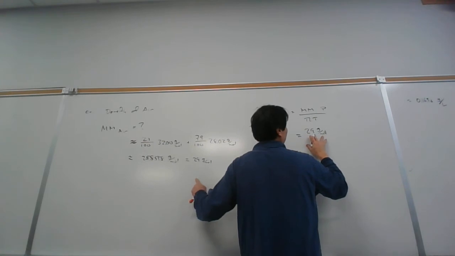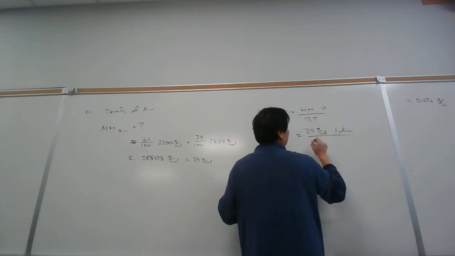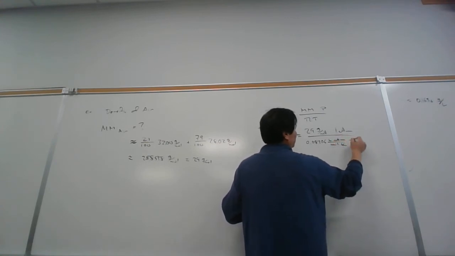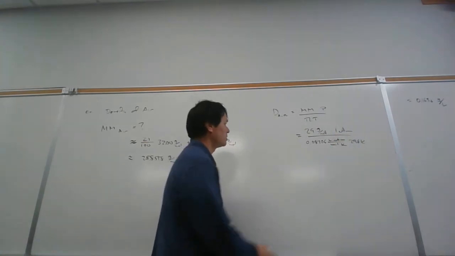Maybe I shouldn't round here. Maybe I should round at the end, but it's all right. Times the pressure. I'm going to use the same pressure, 1 atmosphere. R, 0.08206 liters times atmosphere per mole Kelvin. T, I'm going to have as 298 Kelvin. So this will be the same as the helium. Same conditions as helium.